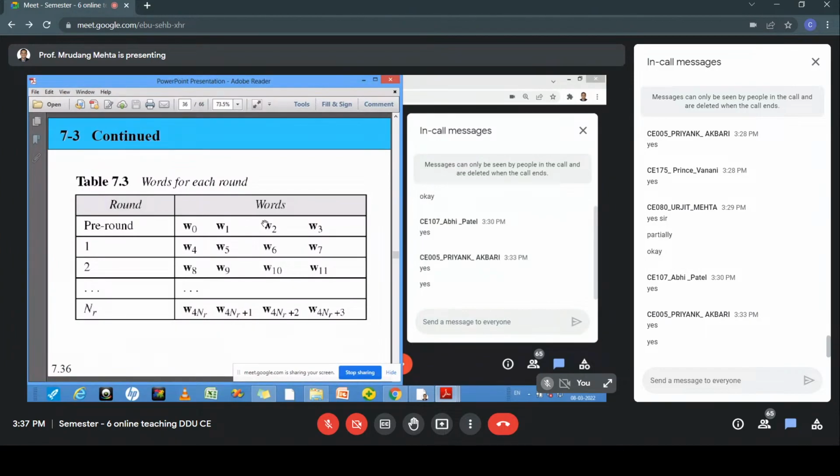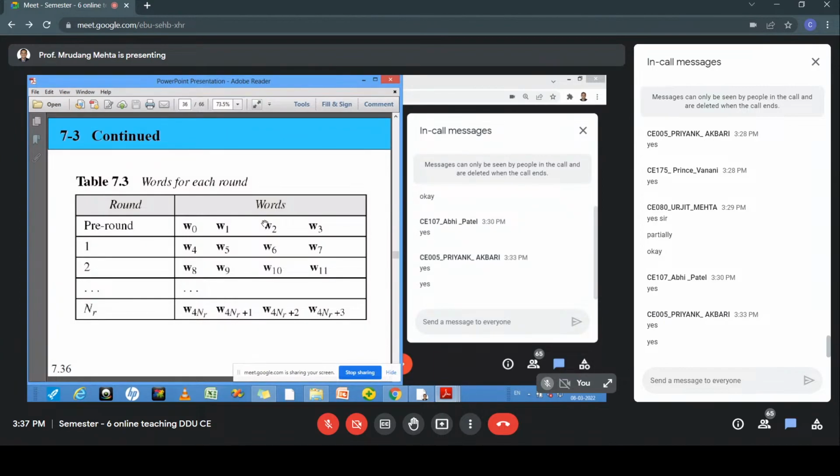If we divide 128 bits by the word size of 32, then we get 4 words. Please understand this. 128 bits is the size of the key. Size of a word is 32.